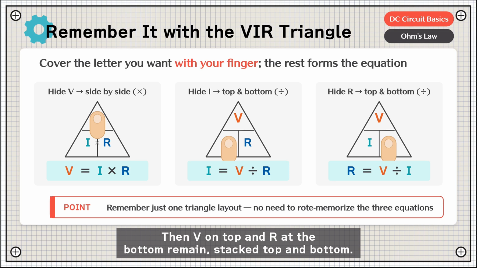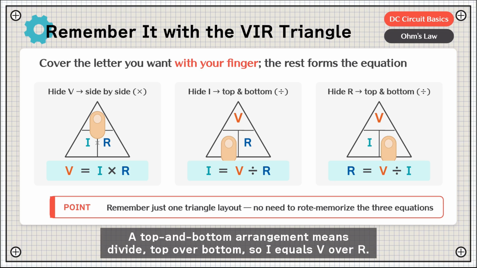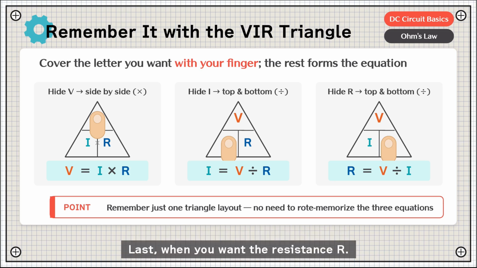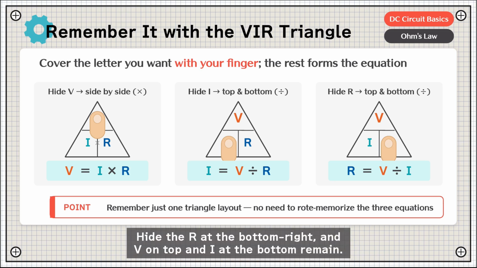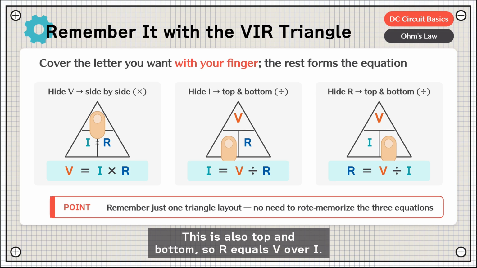A top and bottom arrangement means divide top over bottom. So I equals V over R. Last, when you want the resistance R, hide the R at the bottom right, and V on top and I at the bottom remain. This is also top and bottom, so R equals V over I.